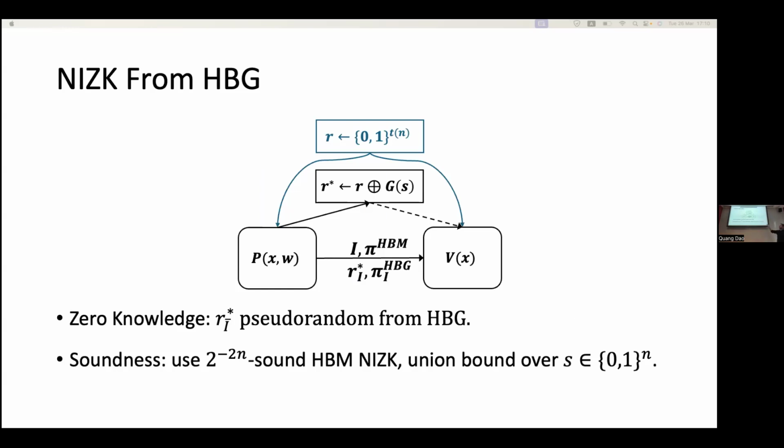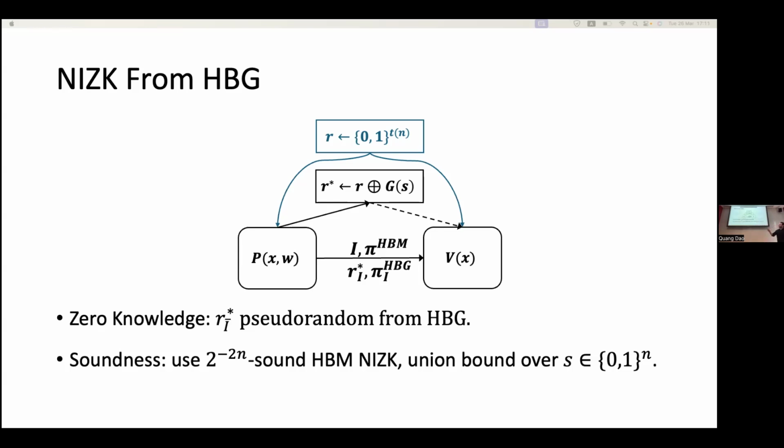How does it work? It works like this. You choose the CRS to be a random string, and then the prover is going to use the hidden bits generator to get this value g(s) and XOR it with the random string. So we have this string r that is the CRS and it's completely public, and the prover applies the hidden bits generator to generate g(s) and XORs it with r to get the hidden string r star.